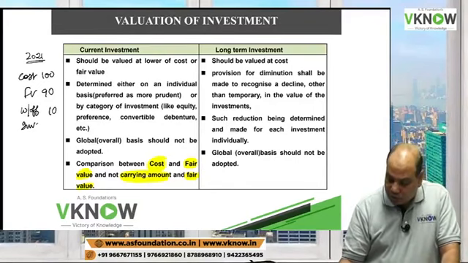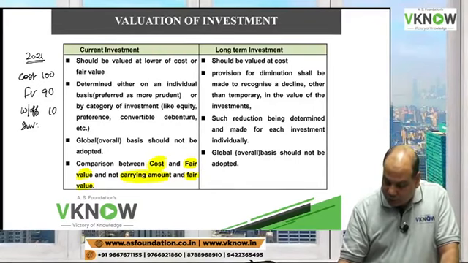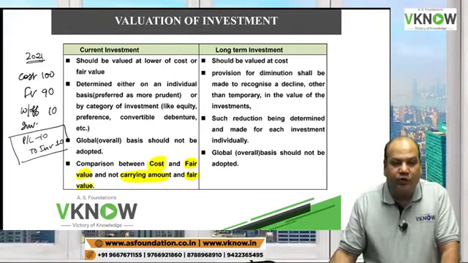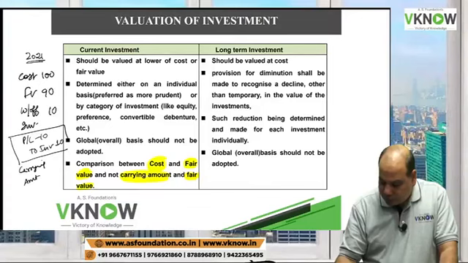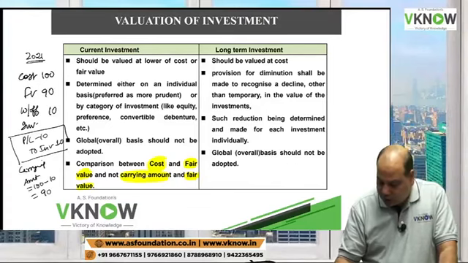Yes or no? After writing off investment, you will pass the entry P&L account debit 10 to investment account 10. This is the entry for writing off investment value by 10 rupees. After this entry, your carrying amount will become 100 minus 10, 90.